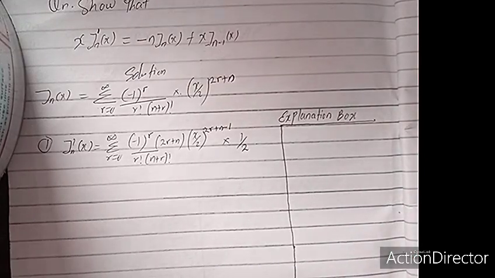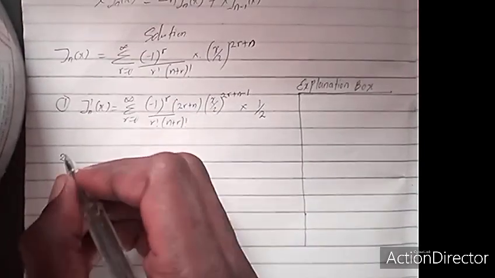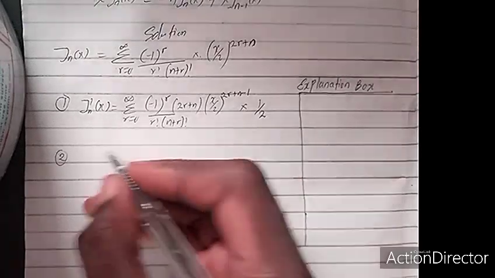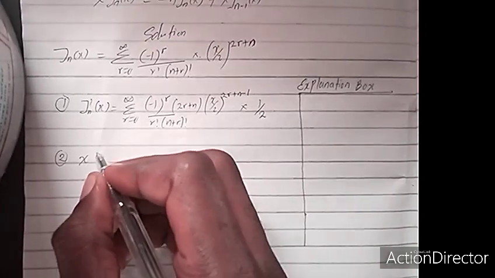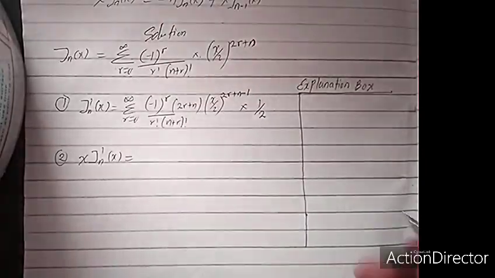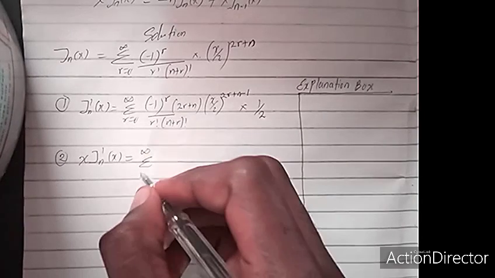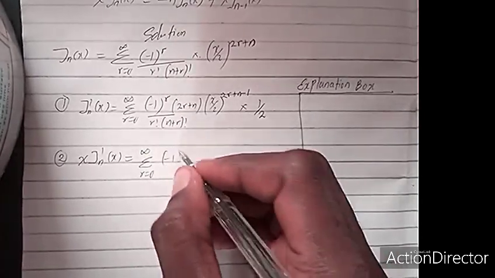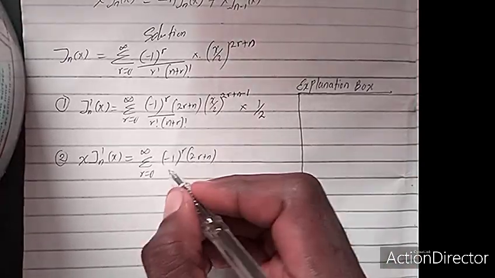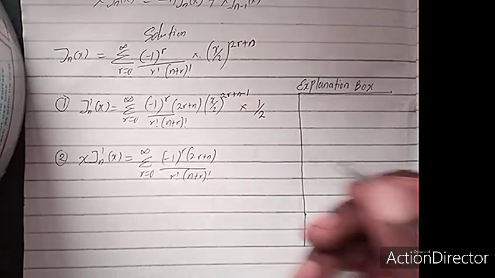Good. Now step 2 is to multiply both sides by x. So if I multiply both sides by x, I will have xJn prime of x equals, I'll multiply it behind, so I'll have this repeated, (-1)^r (2r plus n) over r factorial (n plus r) factorial.